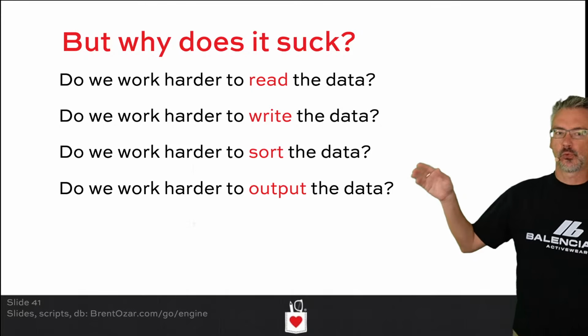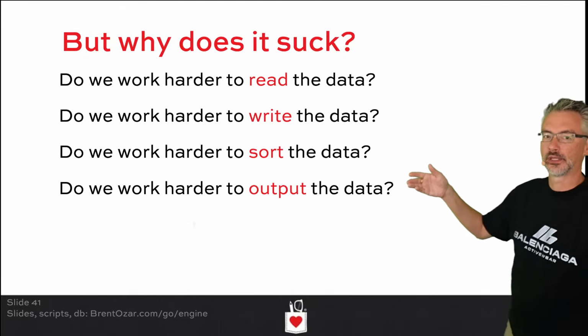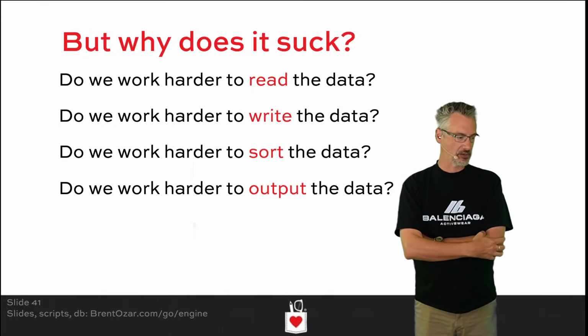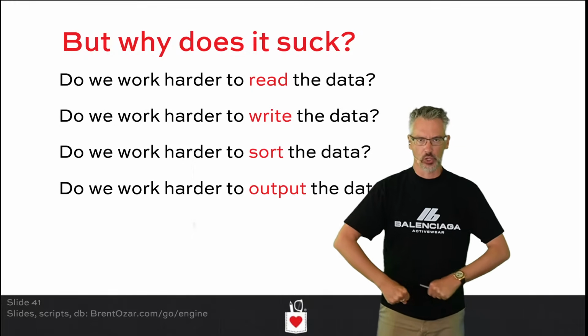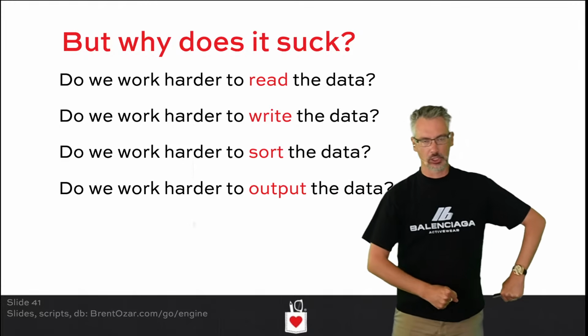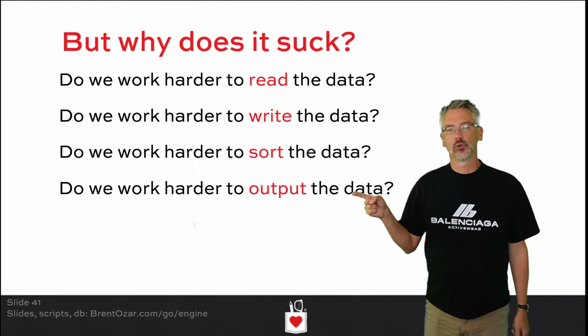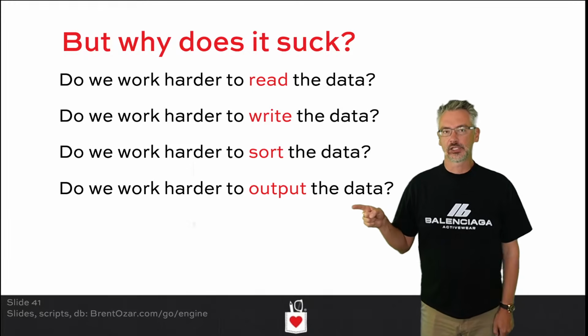And then, do we work harder to output the data? This used to be the part that I would focus on as a database administrator. I'd say things like, don't return columns you don't need because it takes longer to say it over the network. That's true. It's just pretty much the least of our problems.